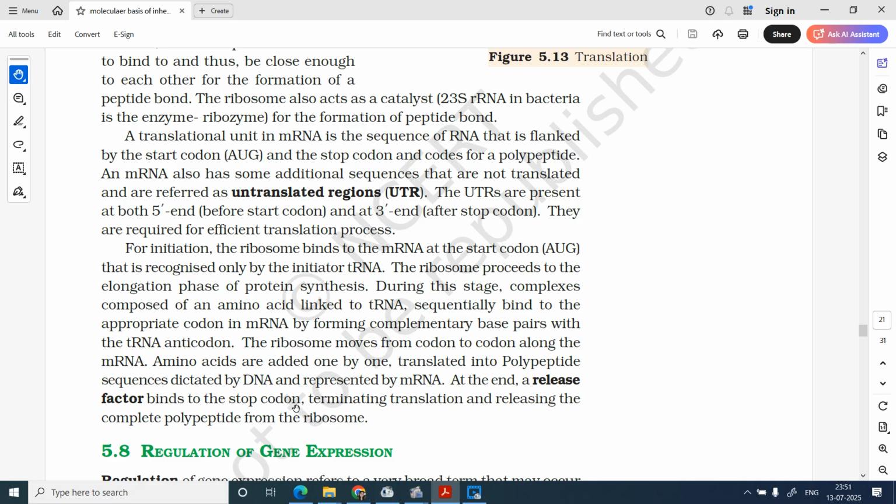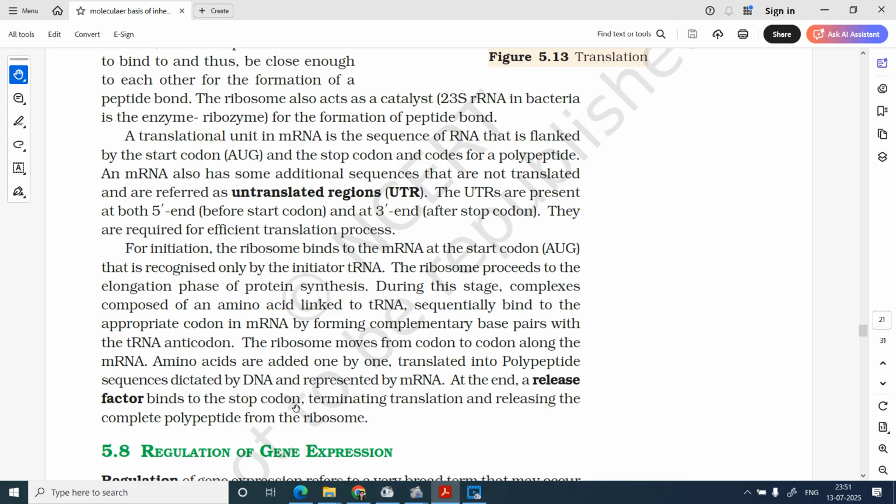For initiation, the ribosome binds to the mRNA at the start codon AUG that is recognized only by the initiator tRNA. The ribosome proceeds to the elongation phase of protein synthesis. During this stage, complexes composed of an amino acid linked to tRNA sequentially bind to the appropriate codon in mRNA by forming complementary base pairs with the tRNA anticodon.